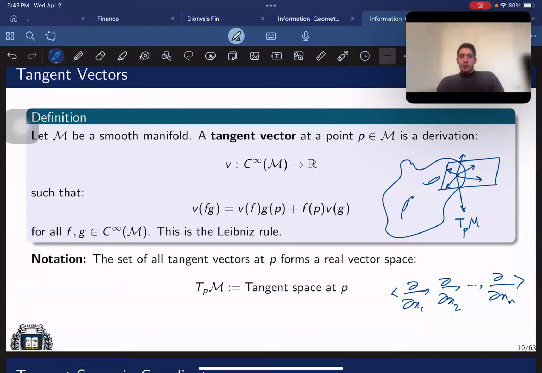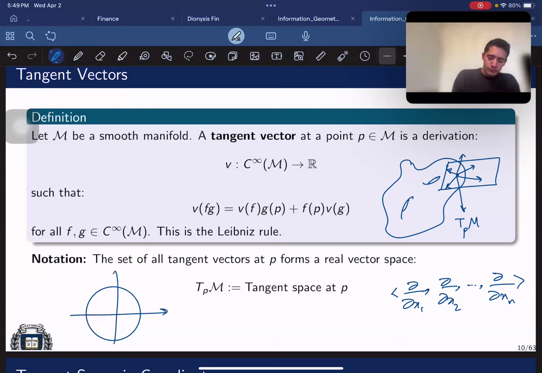For example, if I have a circle given by cosine of theta and sine of theta, then the tangent vector is given at each point by something like this.